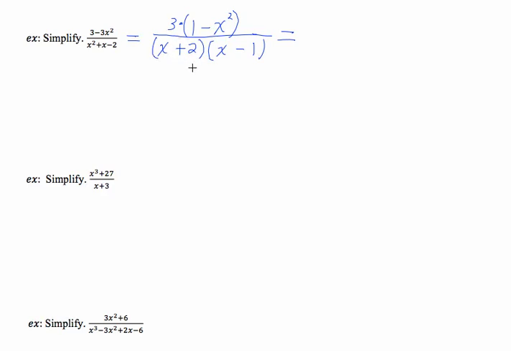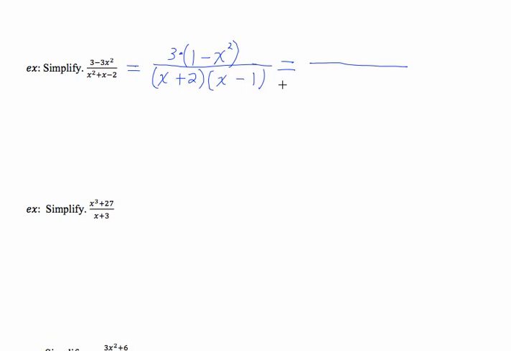Okay, now the denominator, x plus 2, that's not going to factor anymore, and neither is x minus 1. But in the numerator, we have 1 minus x squared. Now that's a difference of 2 squares. That can be thought of as 1 squared minus x squared. So that factors by that difference of squares rule into 1 minus x times 1 plus x. And the denominator stays the same.